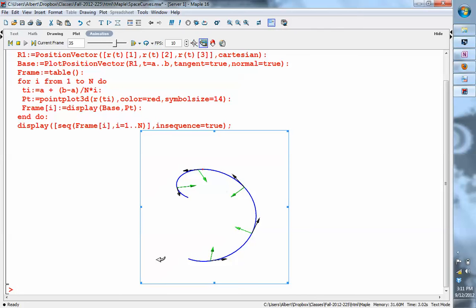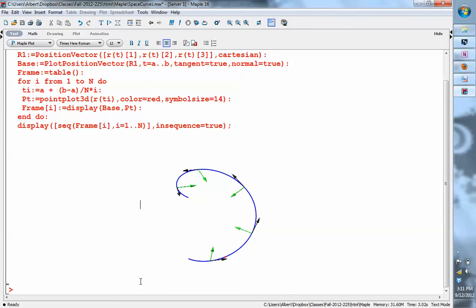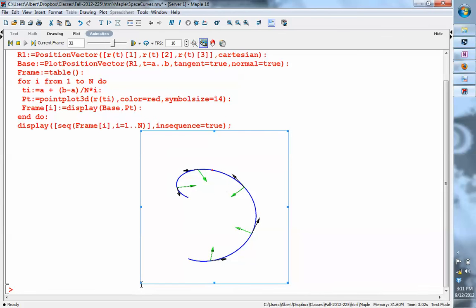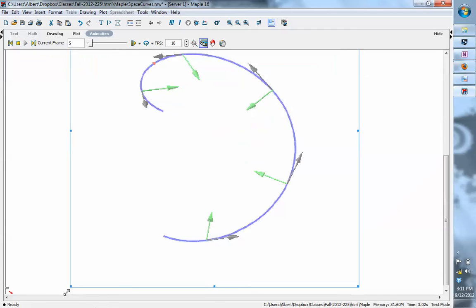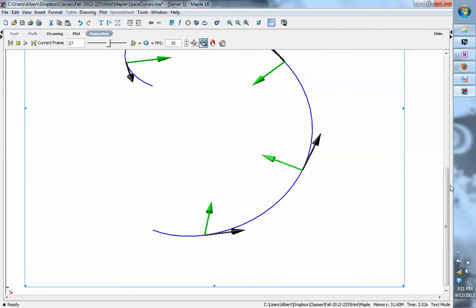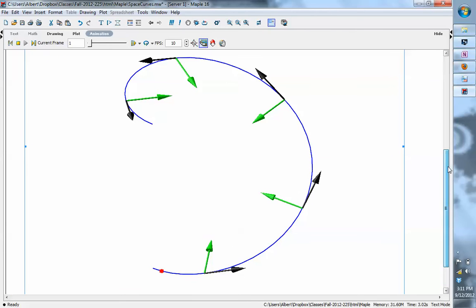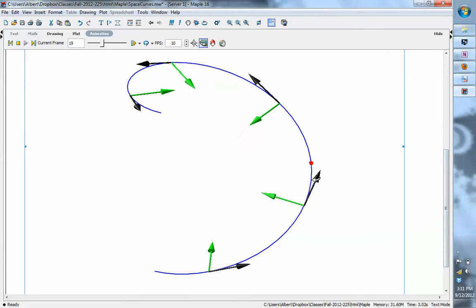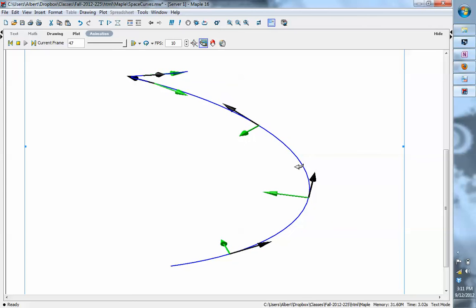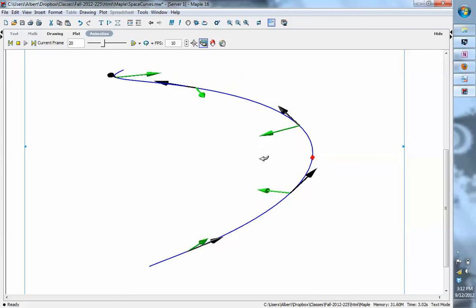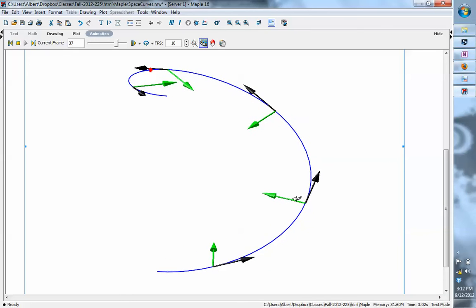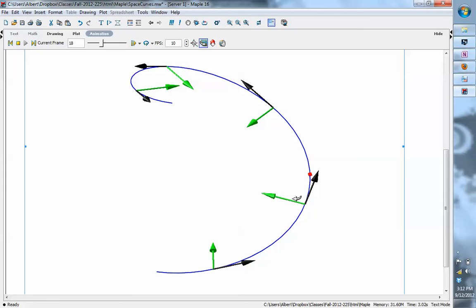Not only is there this tangent vector at all these places along the curve, but there's also this normal vector at all these places along the curve. Whereas the tangent vector talks a lot about the velocity of the particle as it goes along the curve, what do you think this normal vector is going to tell us? It's going to tell us about the acceleration of the particle as it goes around.